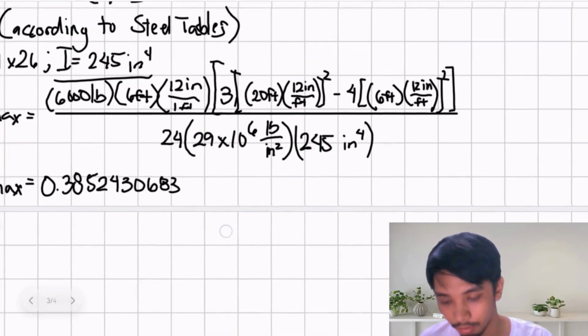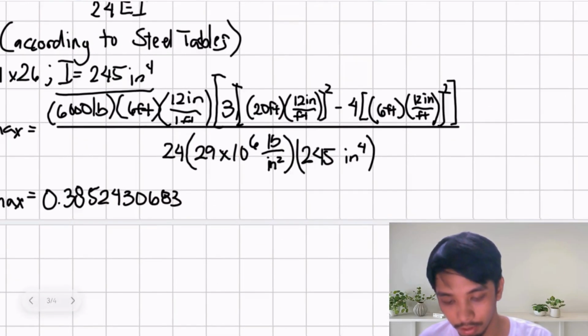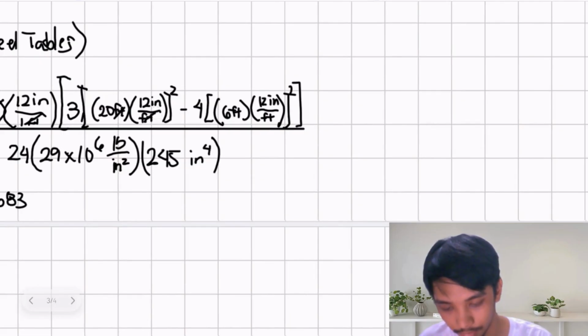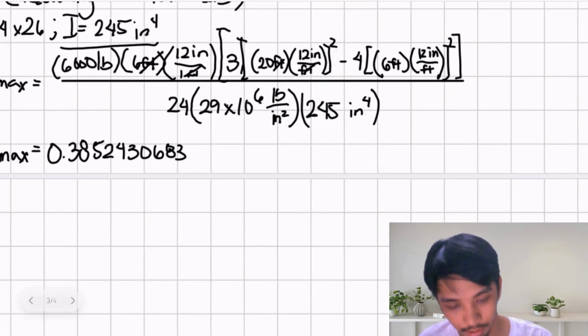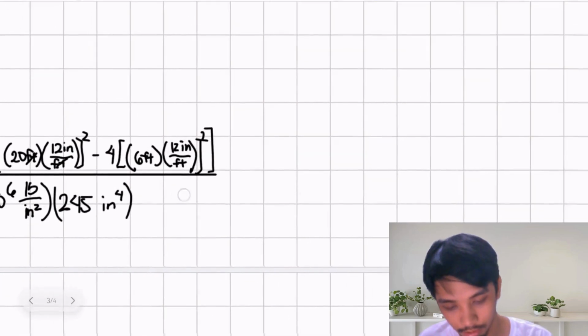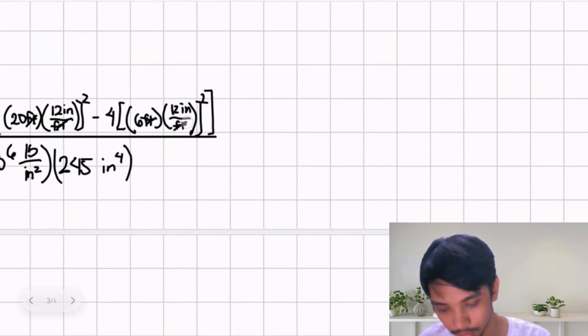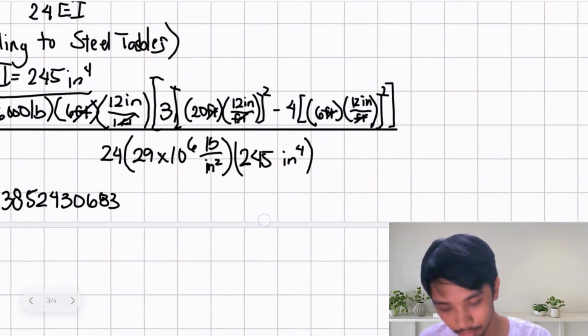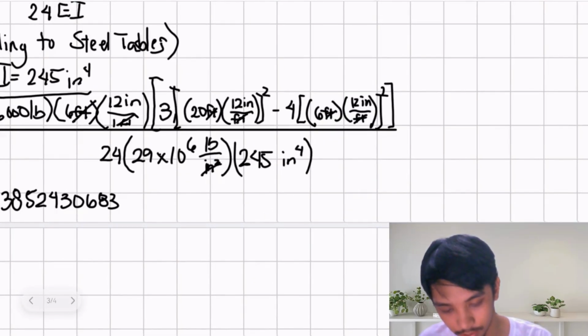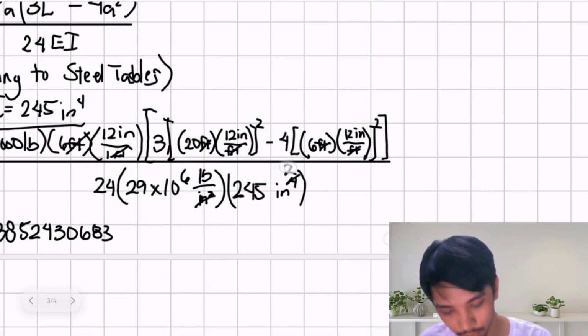Now for the unit analysis, we just have to cancel the feet. This just becomes 2. This also becomes 2.